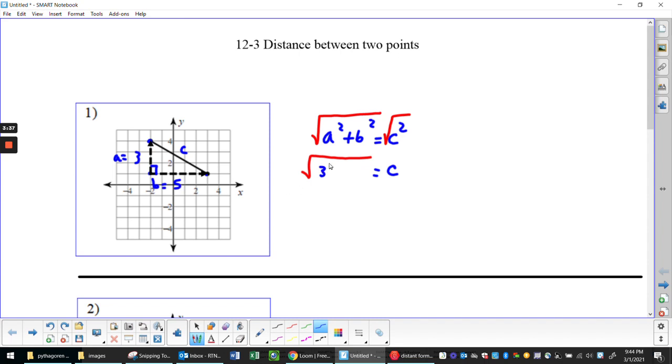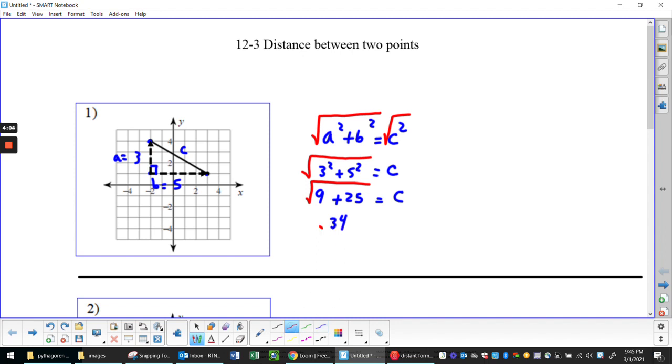And so we'll do 3 squared plus 5 squared, and that would be 9 plus 25, right? And the square root is equal to c. So 9 plus 25 is going to be 34.